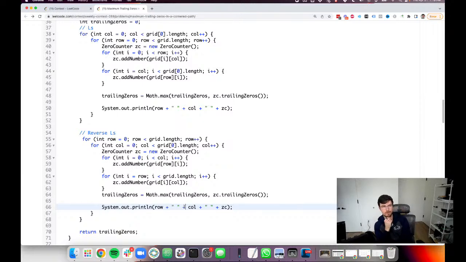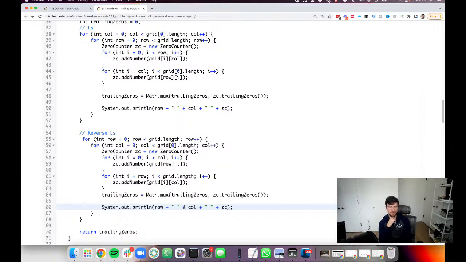Calculating the paths in each of the directions is not that hard to do. We're going to end up with 4 arrays of 0 counters going 4 different directions, and then we're going to have to combine them in different ways.